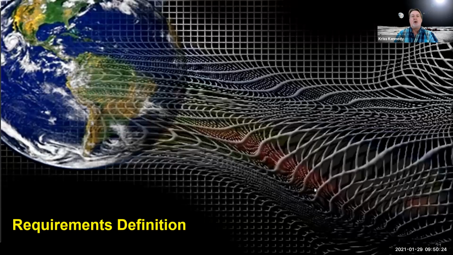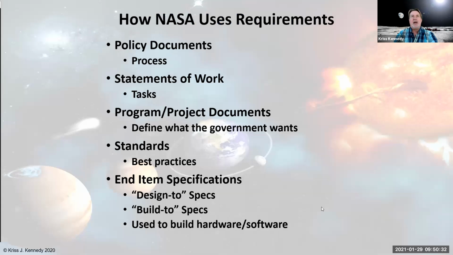So now I want to talk about requirements definition. Let's talk more about the details and what it means to define requirements. How does NASA use these requirements? Well, they use them in a lot of ways. They're used in policy documents as part of the process. They're used in statements of work, the tasks to be done. They're used in program and project documents at a high level, level 0, level 1, level 2.